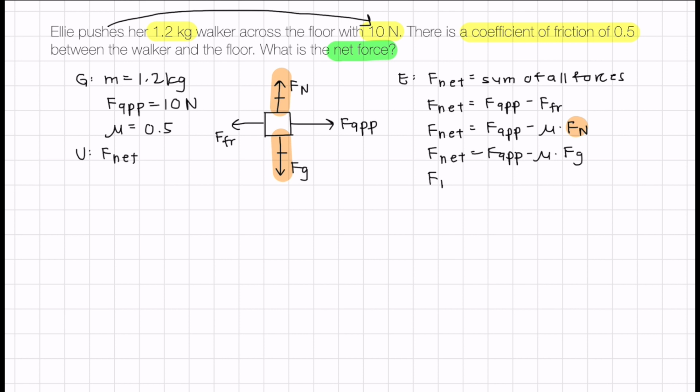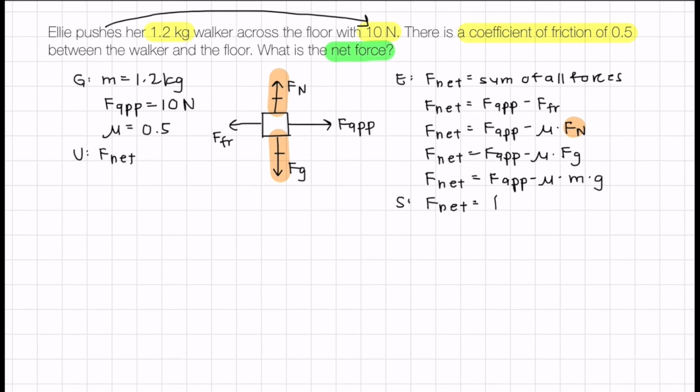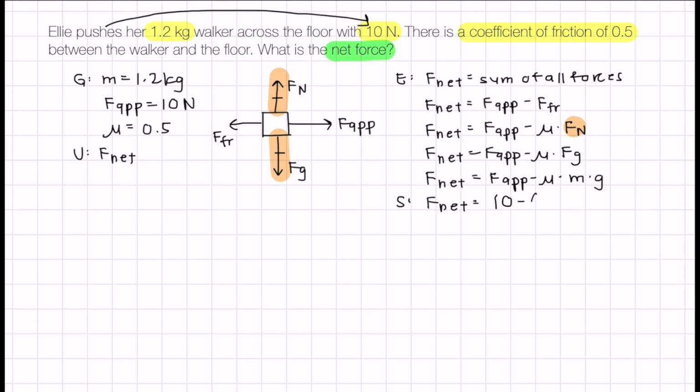But again, the force of gravity, we can just go ahead and replace that with the equation that solves for the force of gravity, which is mass times acceleration due to gravity. And at this point in time, we have all of the givens and unknowns that we need. So let's go ahead and substitute. F net is going to be equal to F applied, which is 10, minus mu 0.5 times the mass 1.2 times 9.8, which is the acceleration due to gravity.